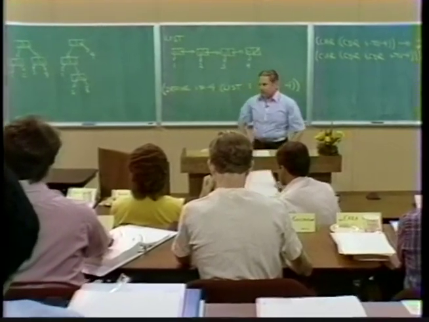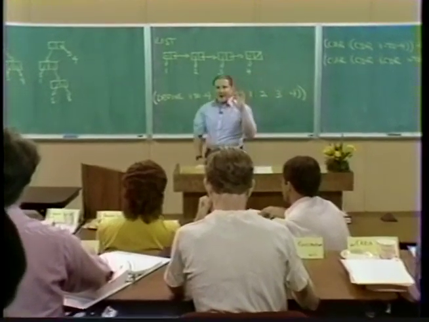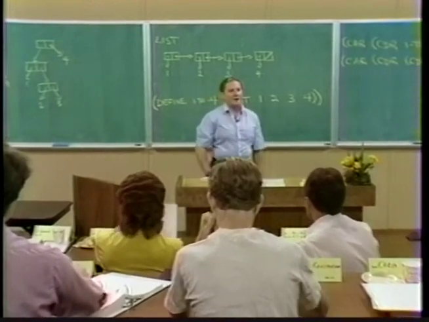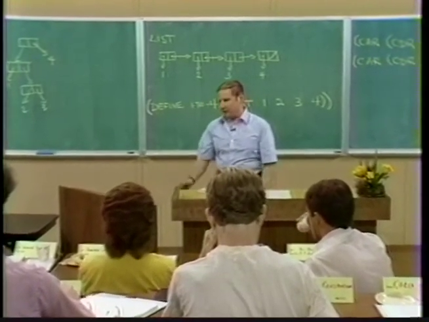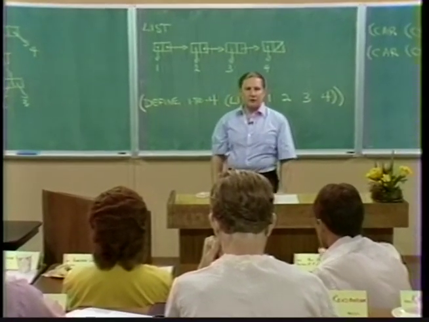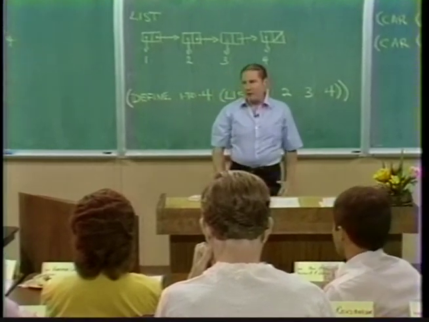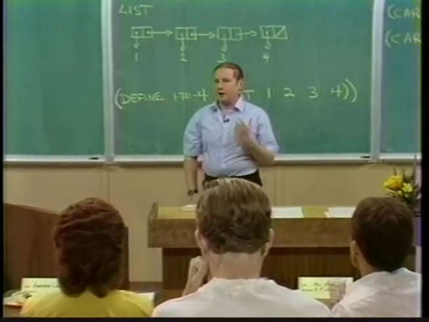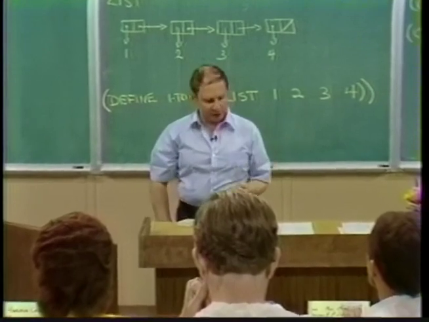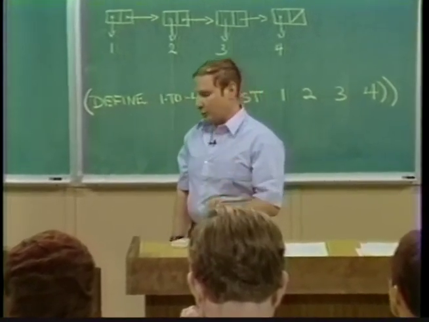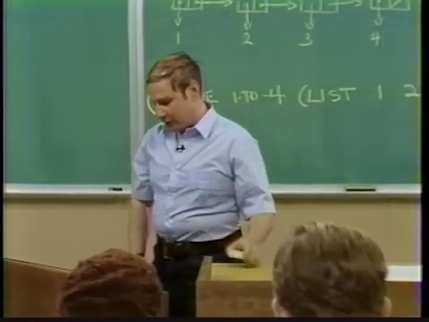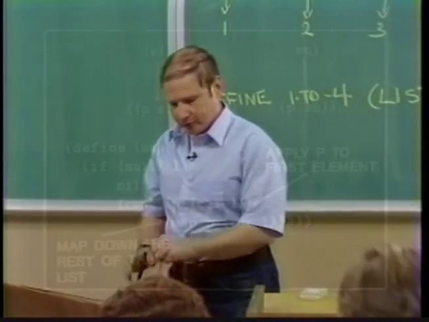Well, of course, you should know by now that the very fact that there's a general pattern there means I shouldn't be writing this procedure at all. What I should do is write a procedure that's the general pattern itself, that says do something to everything in a list, and define this thing in terms of that. Right? Make some higher order procedure. And here's the higher order procedure that does that. It's called map.